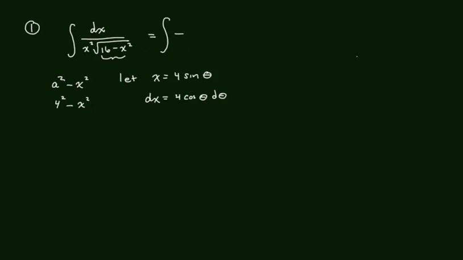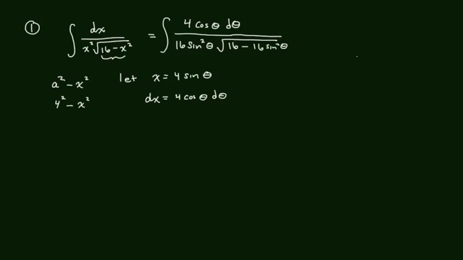So the numerator is dx, and we just found that to be 4 cosine of theta d theta. x squared is going to be 16 sine squared theta. And then we have the square root of 16 minus 16 sine squared theta. So all I did here was plug in once I made this substitution.